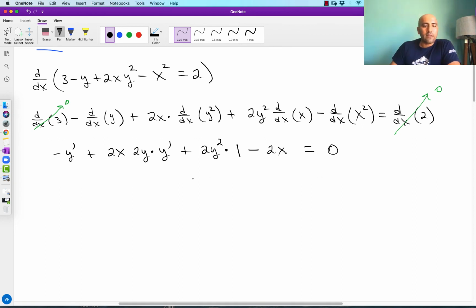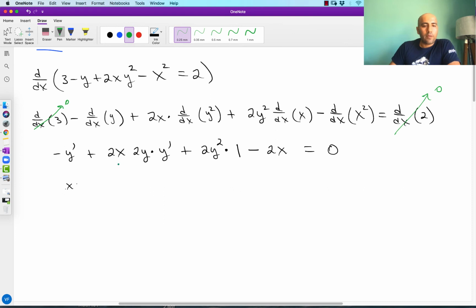So we're almost there. Let's get all the terms that have a y prime together, which they are here, and let's move everything that doesn't have a y prime to the other side. I'm going to flip these around as well. So this is going to be 2x times 2y. Okay, I should probably just simplify that to be a 4.